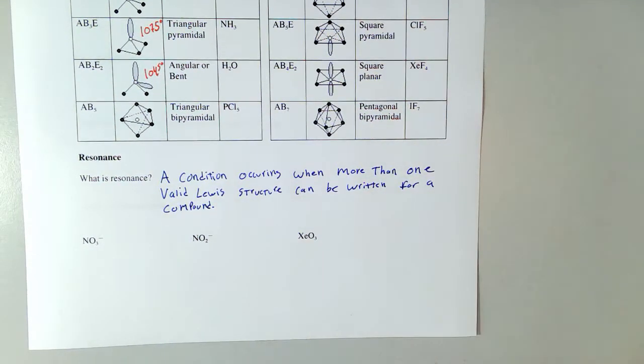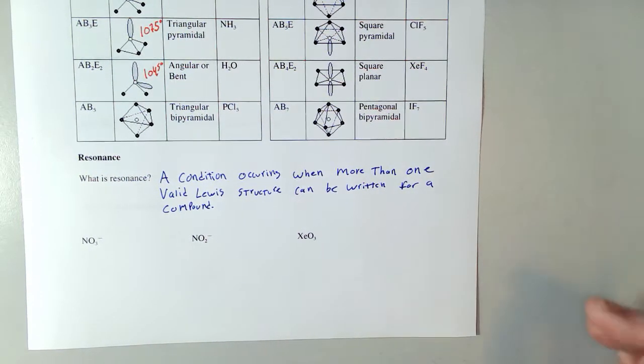Now, that does not mean the compound exists in more than one structure. It just means we can write more than one valid Lewis structure for it. And we're going to talk about what happens with that.